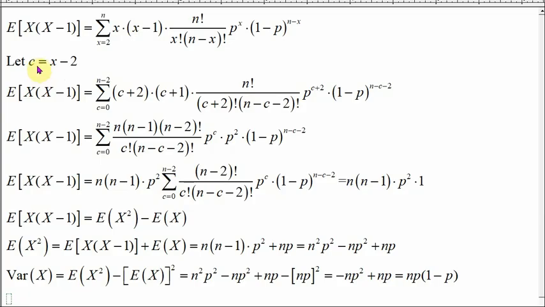And now I'm going to let c be x minus 2. When x is 2, c is 0. And then when x is n, c will be n minus 2. And here we get c plus 2, and then x minus 1 will be c plus 1. And then replacing each x here with c plus 2.